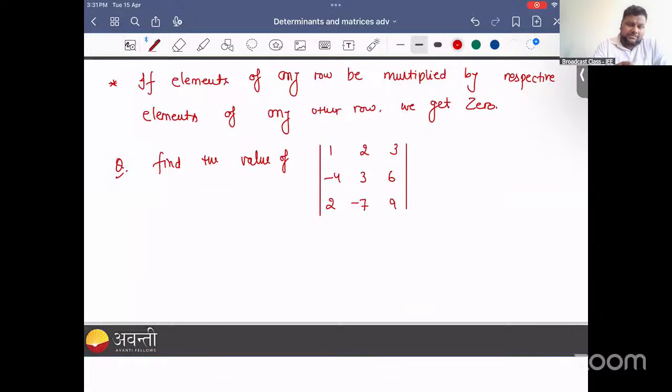Quickly tell me the value of the determinant. Yes, anybody, value of the determinant, please?